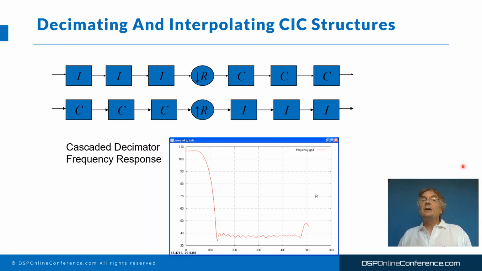For the decimator, we have integrators followed by sample rate reduction, followed by comb filtering, and in our interpolation, we have our comb filtering followed by our sample rate increase, followed by our interpolating integrating filters. And as you can see from the diagram here, the end result of a decimating CIC filter is that we get a nice low pass filter that we can pass on down the stream.